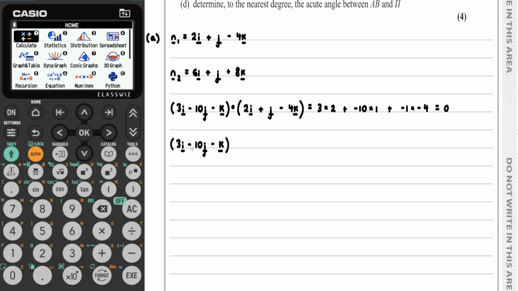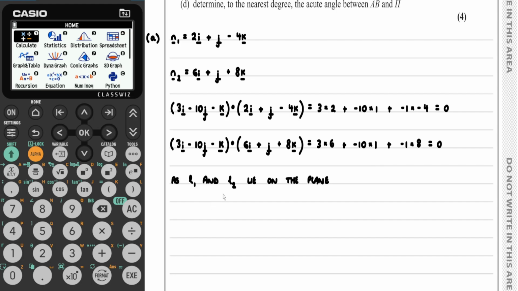And if I do this vector dot with n2, which is 6i plus j plus 8k, we would have 3 times 6, negative 10 times 1, and negative 1 times 8. It turns out here we get 0. So, as the dot product is 0, and as L1 and L2 also lie on the plane, we can therefore conclude that this vector 3i subtract 10j subtract k is perpendicular to pi.